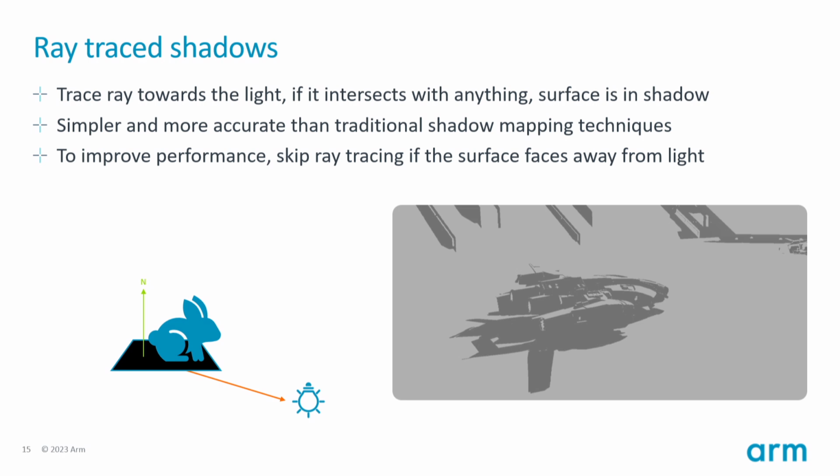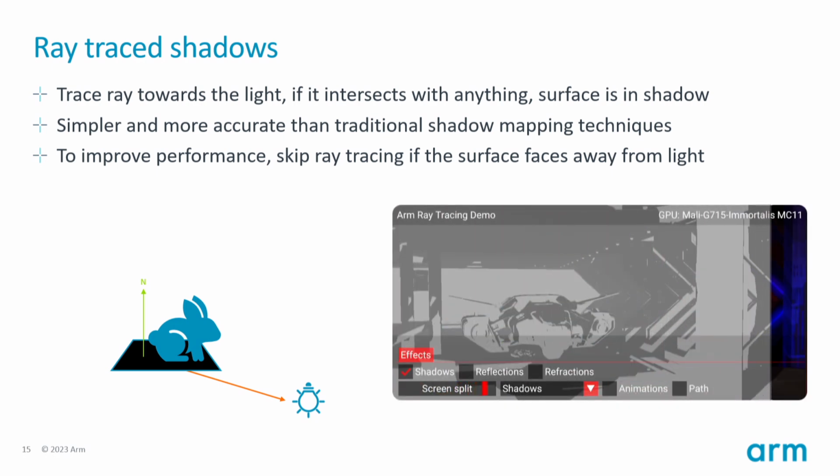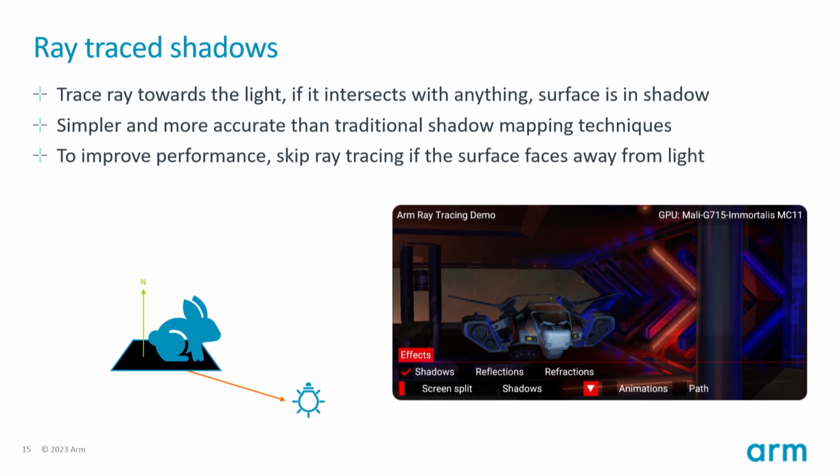But if the angle is greater than 90 degrees, we can determine the pixel is in shadow, right? Without tracing a ray, because we can assume the light is behind it, like the picture shows. So now we can see the video.